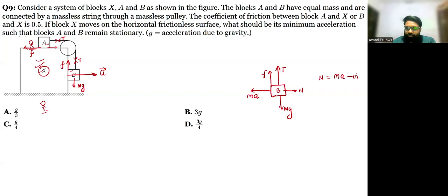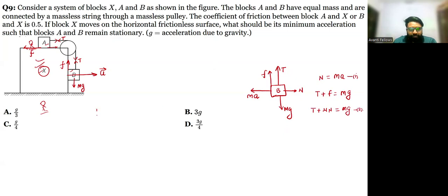Now, if this block is not moving, we have to equate these forces. T plus F is equal to mg. For the block not to move, this friction should be static friction, which is nothing but mu into m into g. This is equation 2.